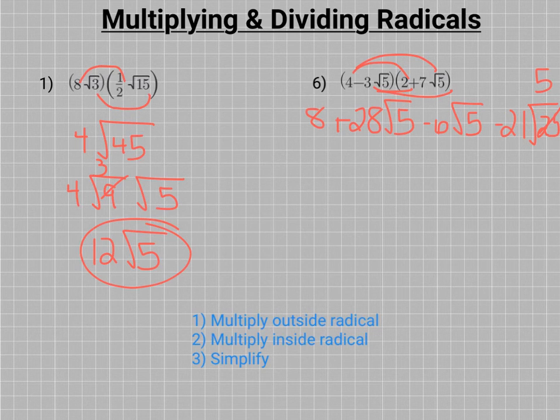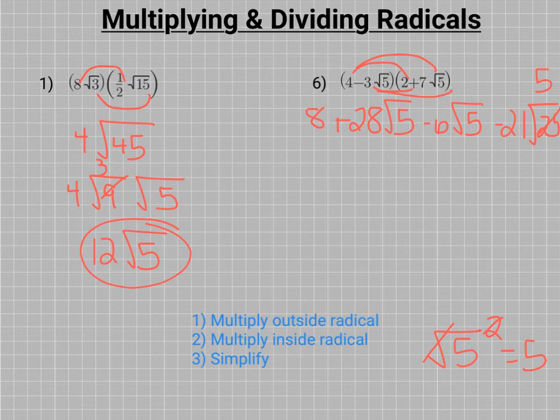Because if you have rad 5 times rad 5, isn't that really just rad 5 squared if you have 2 of them? And doesn't a square and a square root just cancel each other off, leaving you with 5? So if you want to skip steps, instead of writing this as radical 25, you could just make it a 5 right from the beginning.